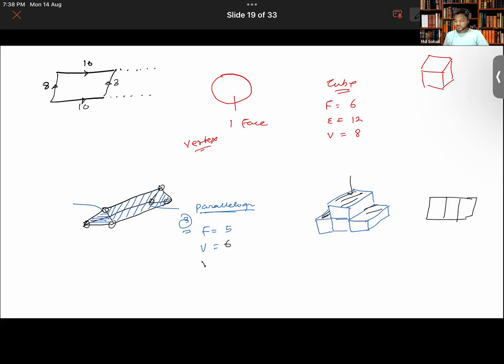What are you saying, guys? 3 edges. 1, 2, 3. Can you guys see it? 1, 2, 3, 4, 5, 6, 7, 8, 9. So 9, no? So the number of edges in this is 9.